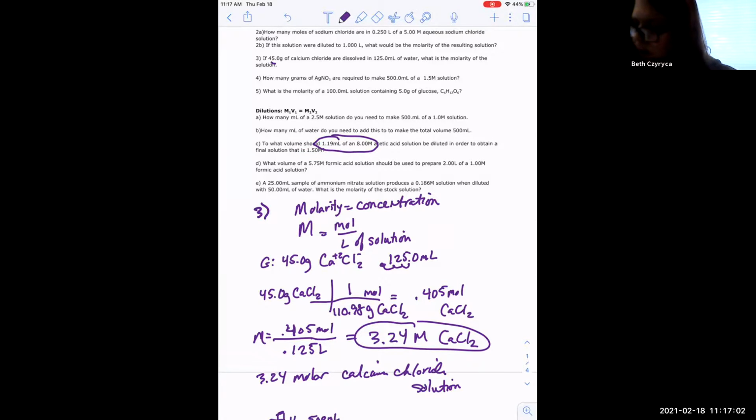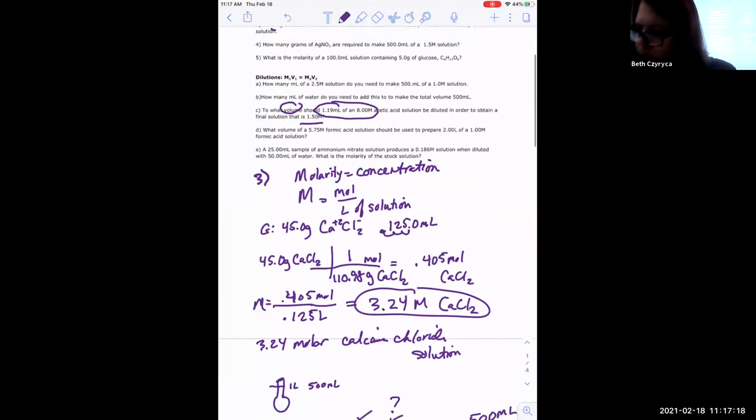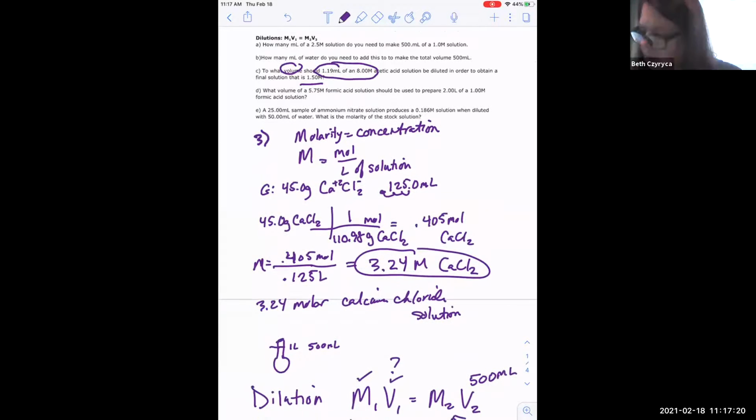Weird wording, but we can see that we have a set there. The volume 1.19 and the 8 are a set. And we're looking for the volume of the 1.50.